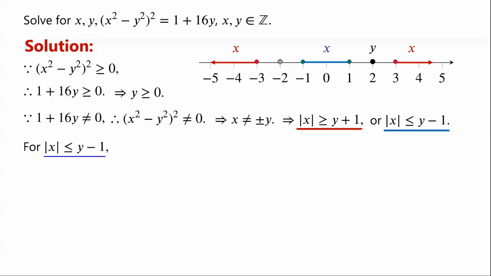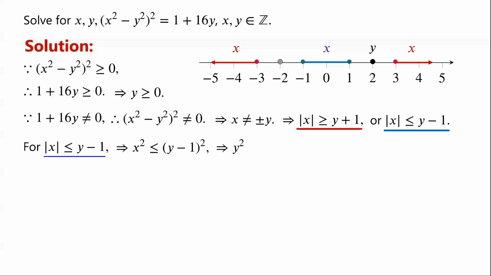For the modulus of x less than or equal to y minus 1, this inequality only makes sense when y is greater than or equal to 1. So y minus 1 is greater than or equal to 0. The inequality still holds when squaring both sides. So we have x squared is less than or equal to y minus 1 all squared. Multiply the inequality by negative 1, then add y squared.